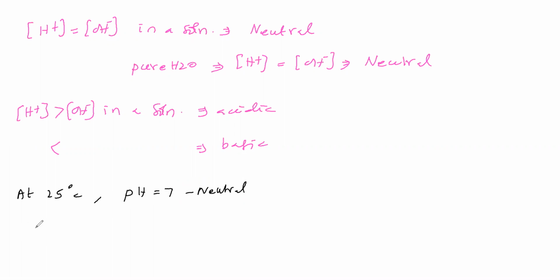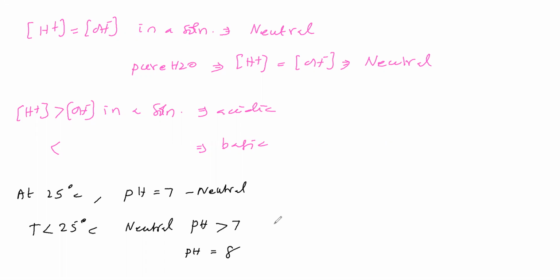Suppose I take a temperature less than 25 degrees Celsius. Now, for a neutral solution, pH is greater than 7, for example 8.